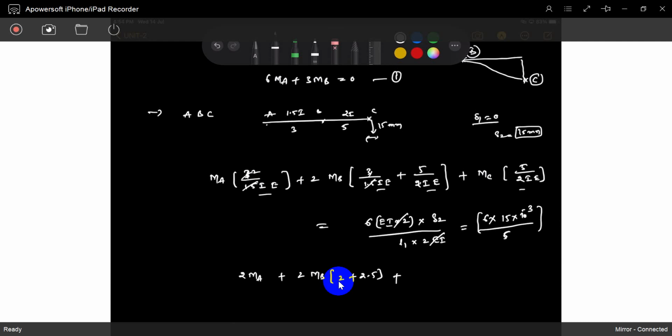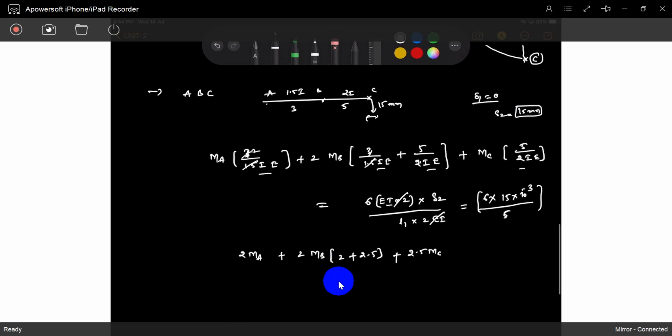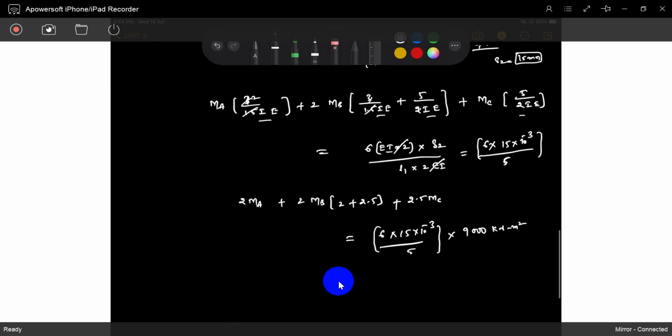So 2.5 MC is equal to 6 into 15 into 10 power minus 3 divided by 5 multiplied with EI. So EI goes to that place. EI is 9000 kilonewton meter square. That's it, na? So what are those values?